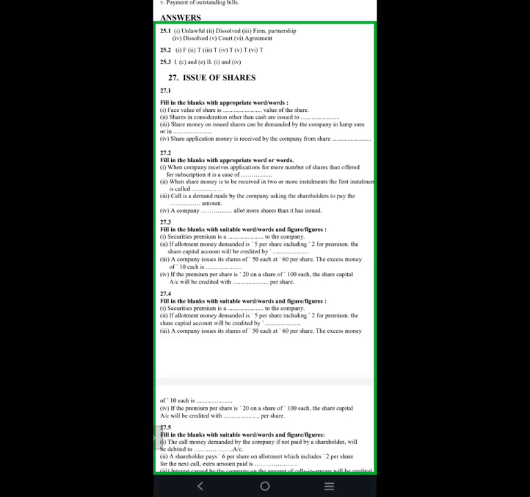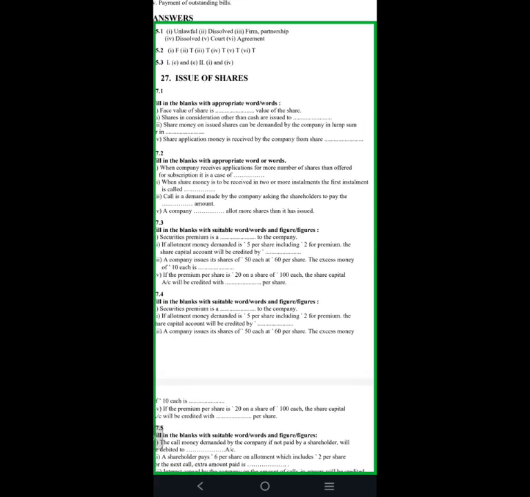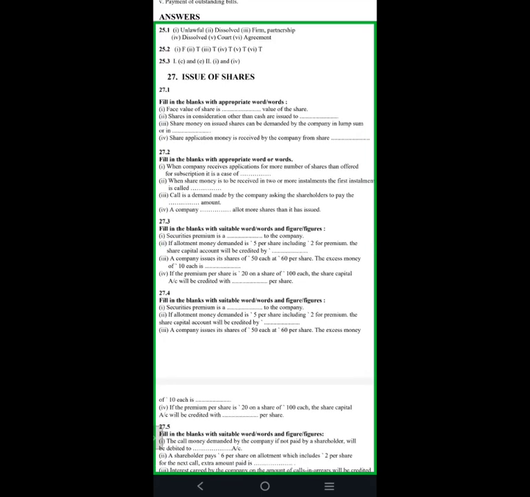When share money is to be received in two or more installments, the first installment is called first call. Call is a demand made by the company asking the shareholders to pay the called up amount.